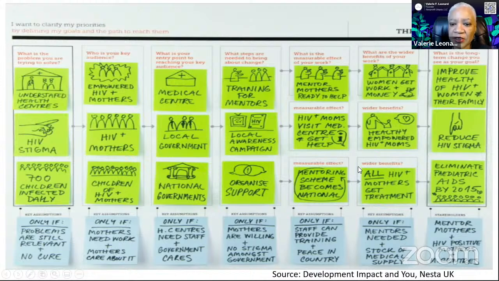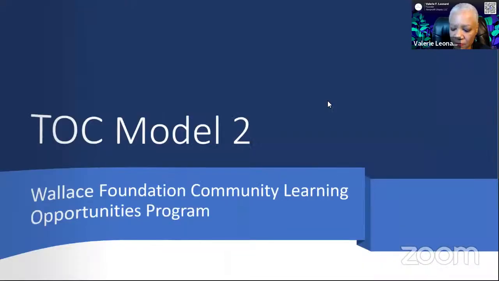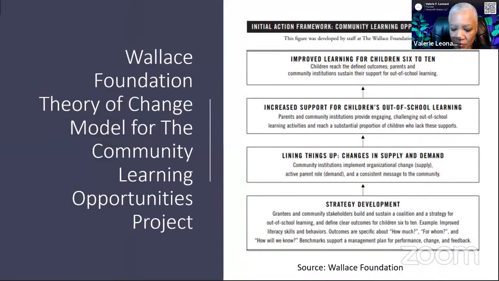So then, excuse me, what is the measurable effect of your work? All right, so if they indeed are having an impact, then what they will expect to see is mentoring mothers who are ready to help. So these are mothers who are HIV positive, who are willing and ready to help other mothers who are newly diagnosed with HIV, helping to form support.